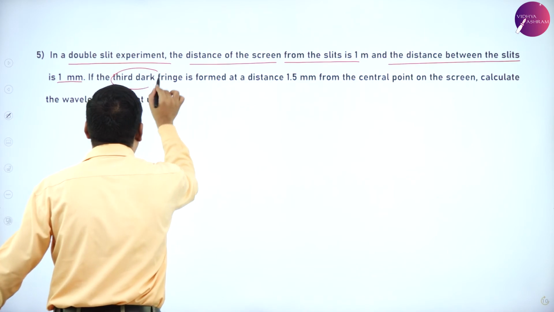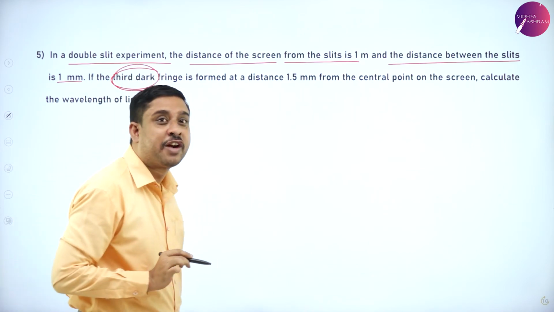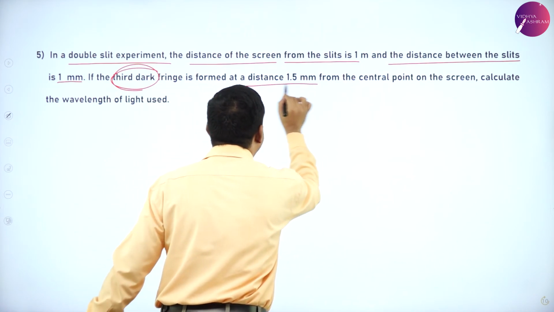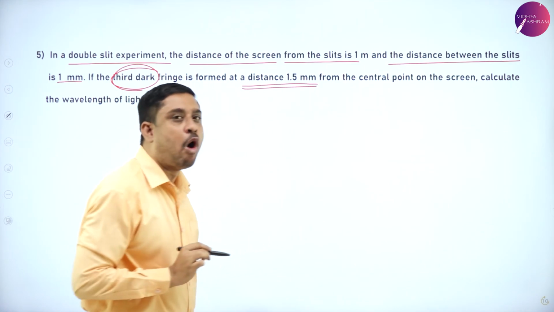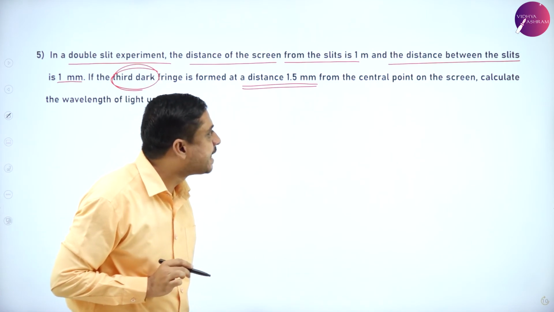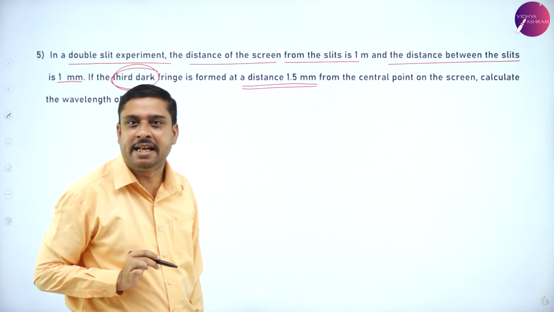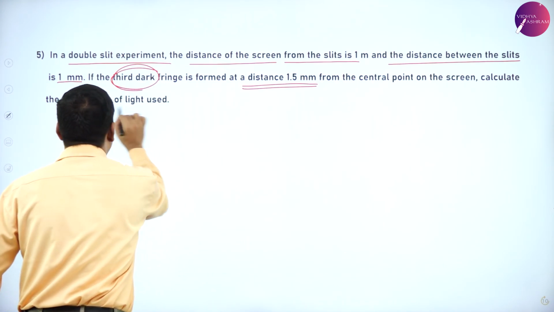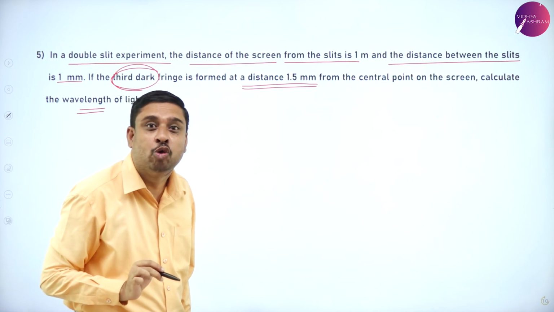If the third dark fringe is formed at a distance 1.5 millimeter from the central point on the screen, calculate the wavelength of light used.